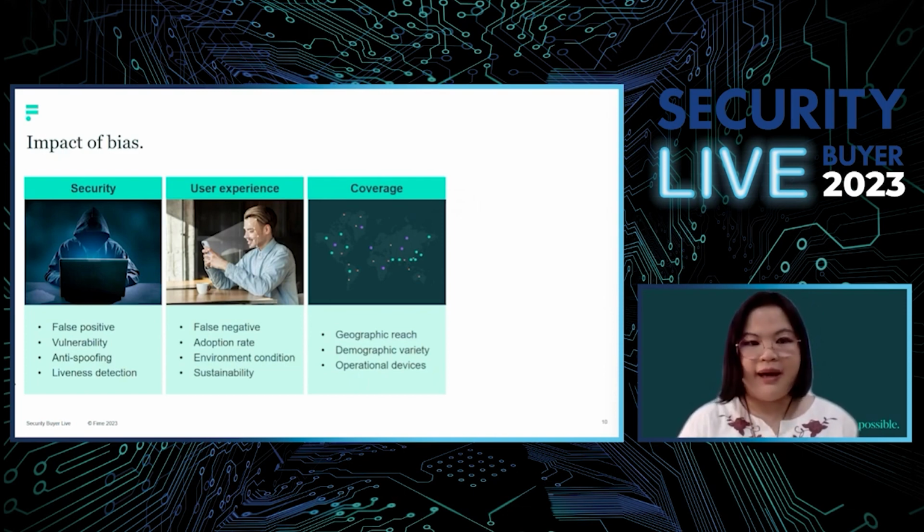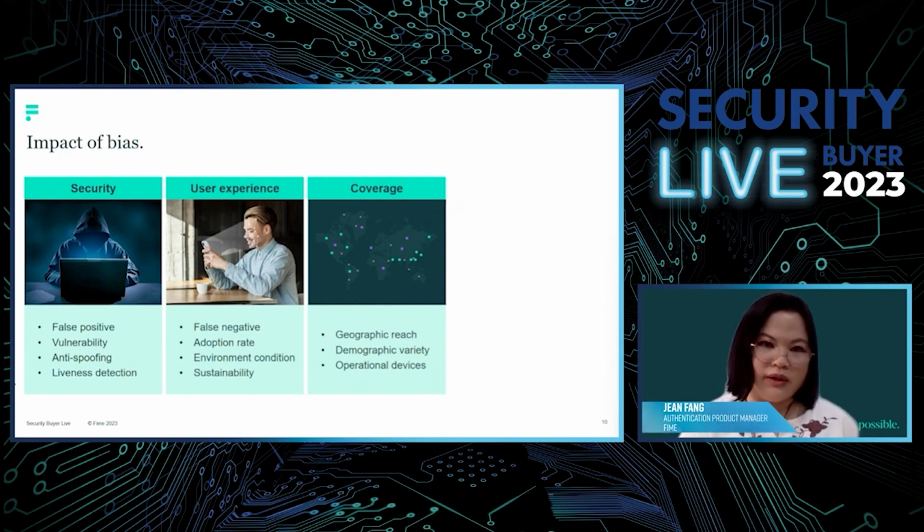It will definitely impact the users' adoption rate, and we don't control where the users are using the biometric solutions. It will also be the criterion by which we decide if we continue to use the solution or choose another solution.